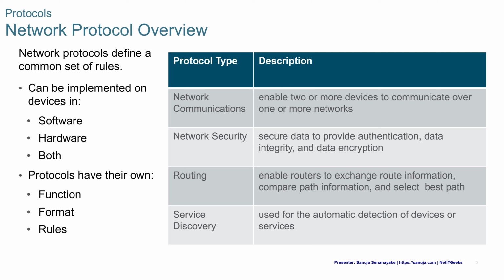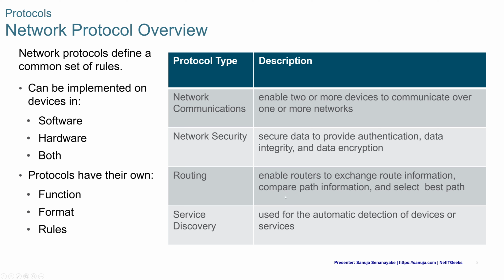On the right hand side, we have a table that describes some protocol types and descriptions. Network communications protocols enable two or more devices to communicate over one or more networks. Network security protocols secure data to provide authentication, data integrity, and data encryption.